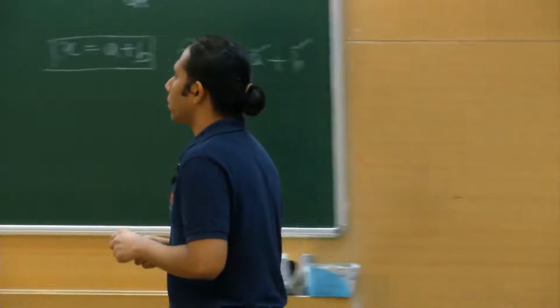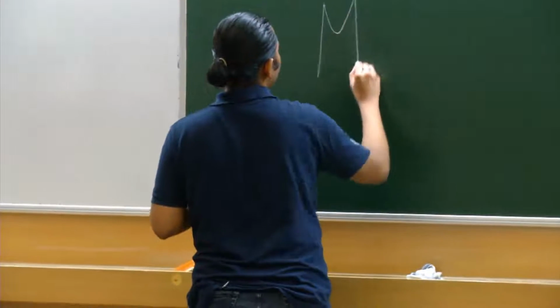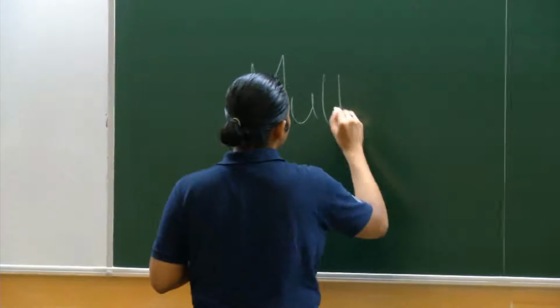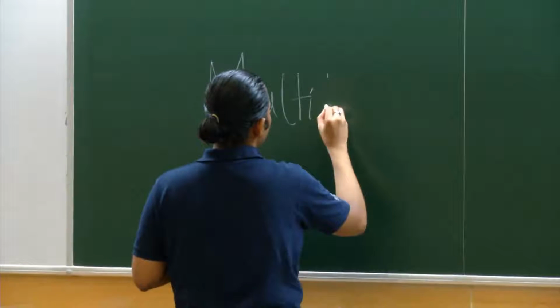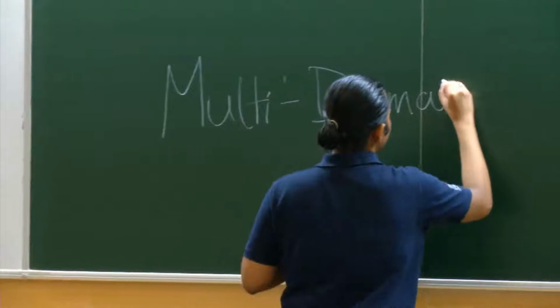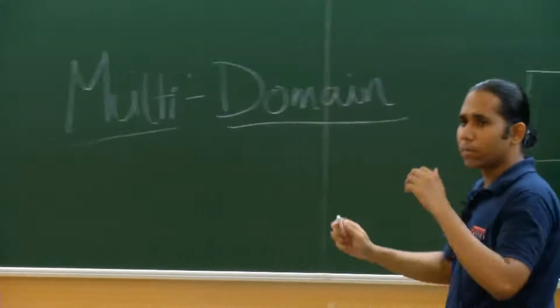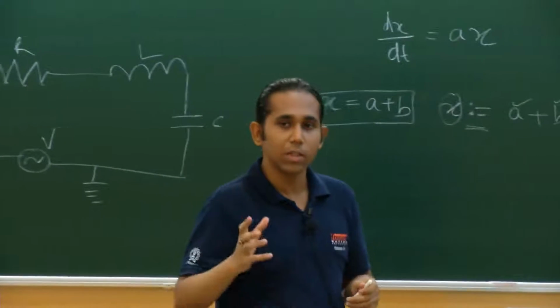Multi-domain modeling means you have access to models from various engineering domains. When I write the term multi-domain modeling, multi-domain means you have different engineering domains, not only electrical engineering.